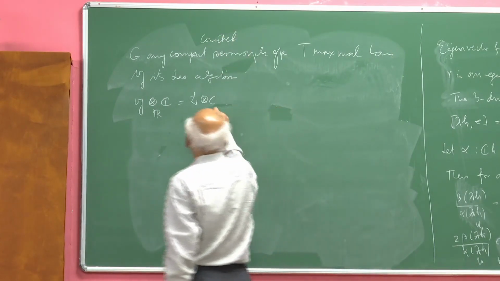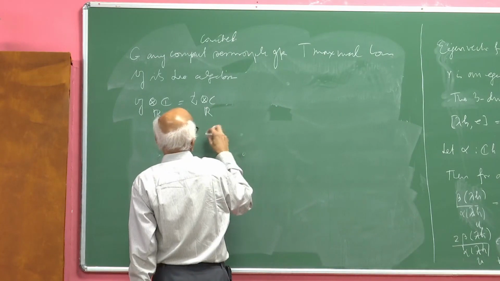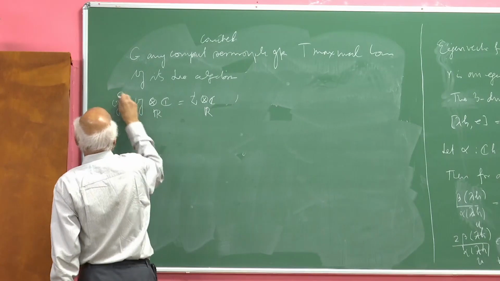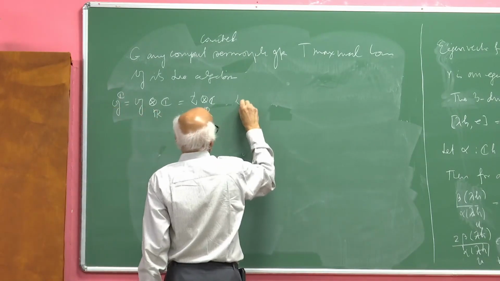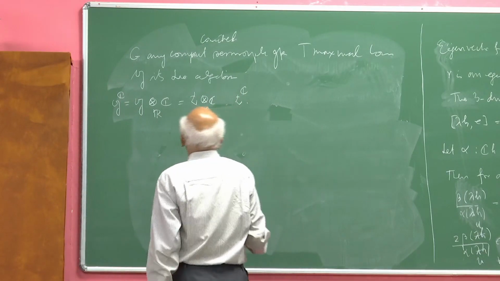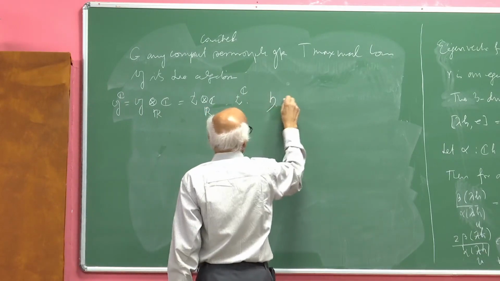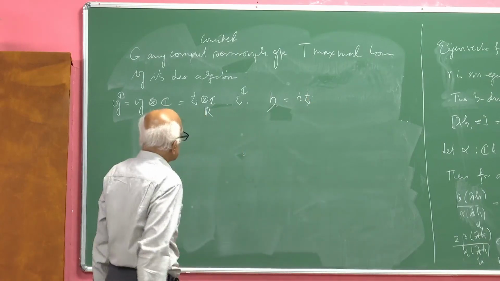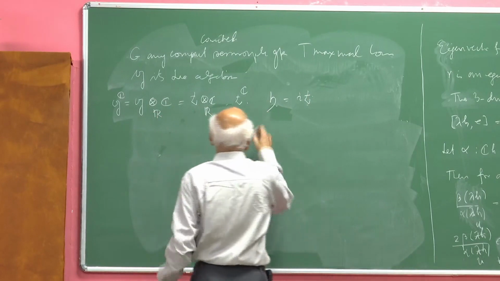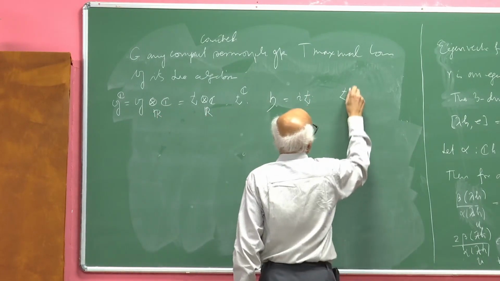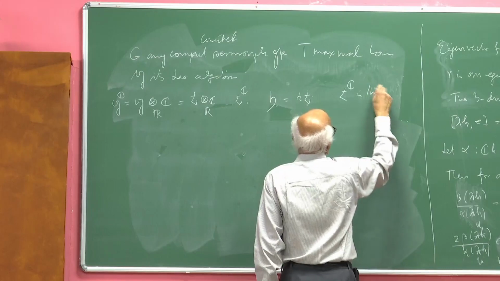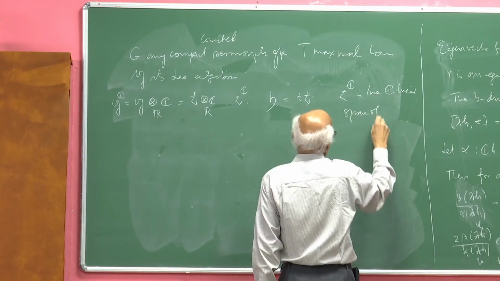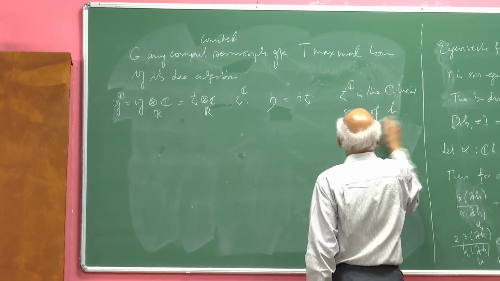T tensor C over R, which I will also denote, this also will denote GC, this will be denoted TC. I also denote by H I times T, so that this T tensor C, TC, is a C linear span of H as well as T.